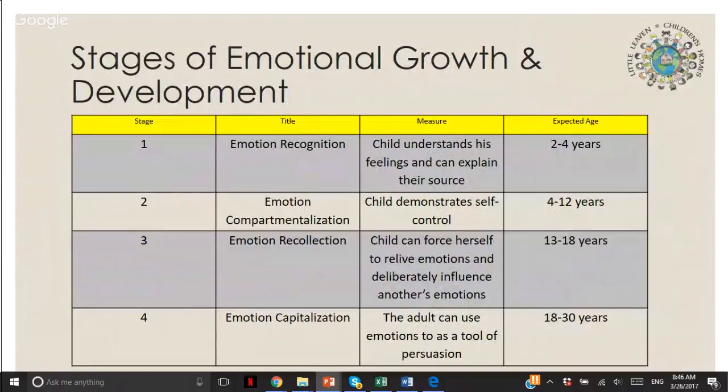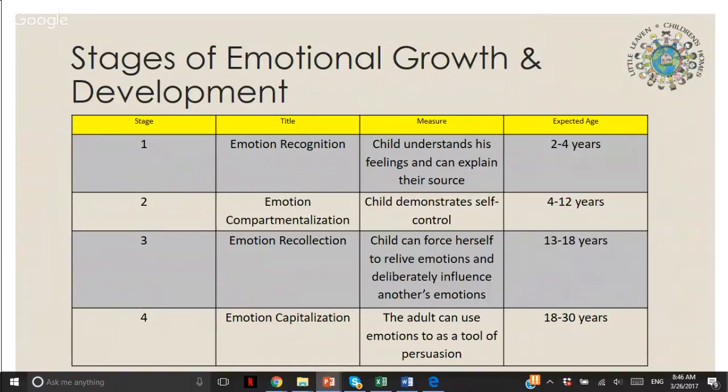So here are the stages of emotional growth and development. We talked about all these things. Emotional recognition is the first stage. The child understands his emotions and can explain them. Emotional compartmentalization, ages 4 to 12, demonstrates self-control. Emotional recollection, 13 to 18.